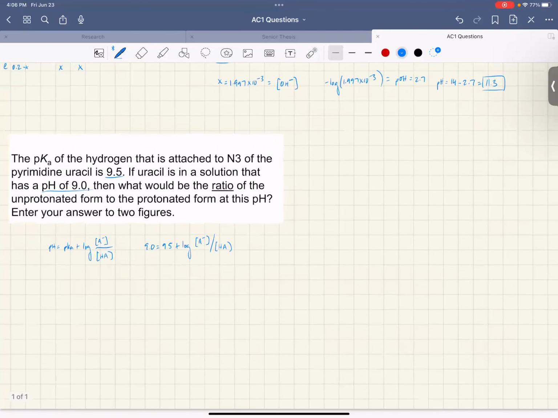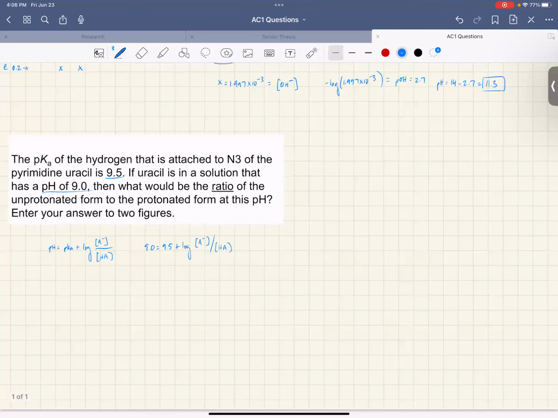Now, the cool thing that we can do here is, he's asking what the ratio of the unprotonated to the protonated form is. And that's exactly what we have here. This little part of the equation is that ratio. So we can actually solve this pretty easily.